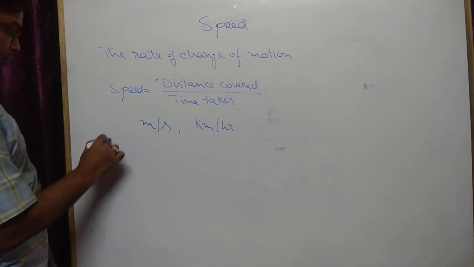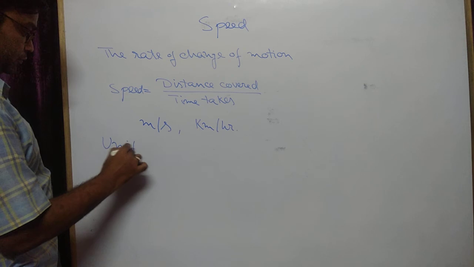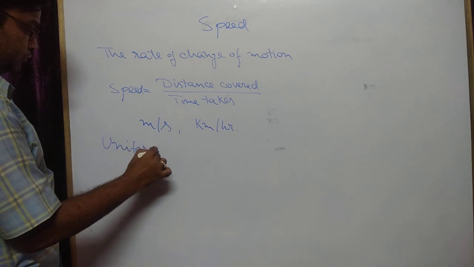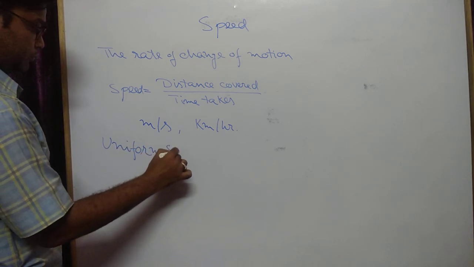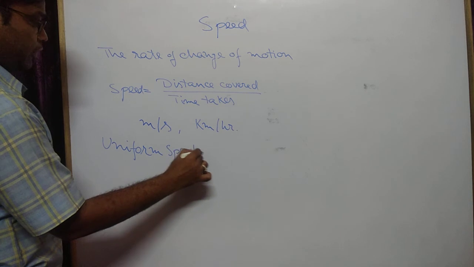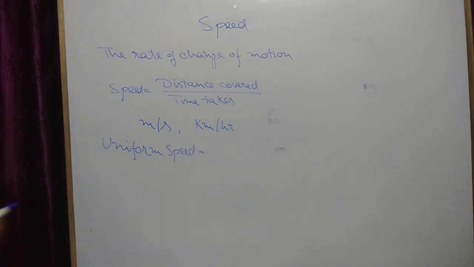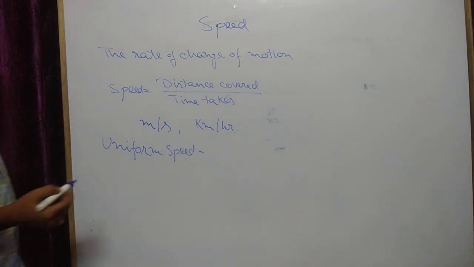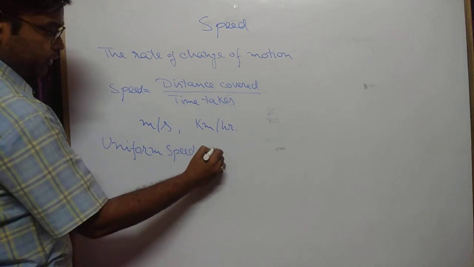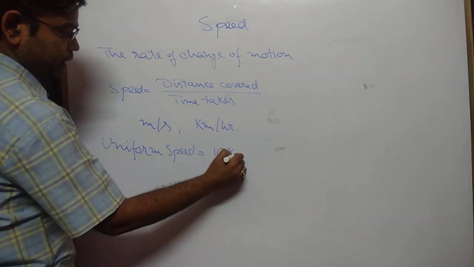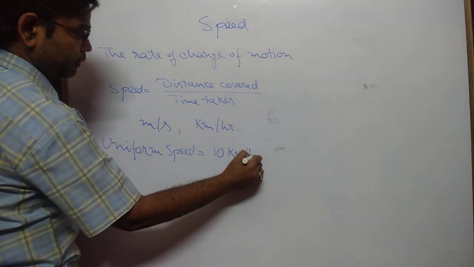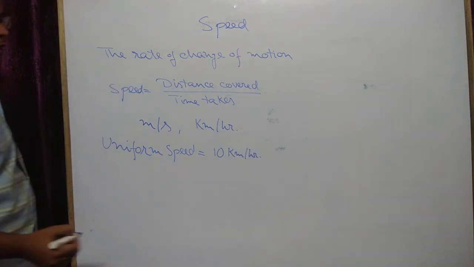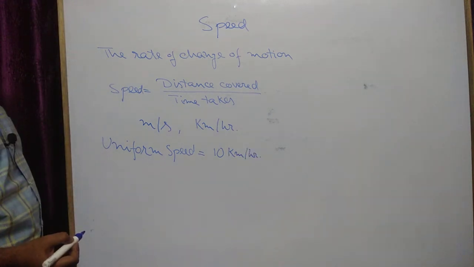What is uniform speed? If change of motion is the same, suppose a body is moving with a constant speed of 10 km per hour for every hour, then this is known as uniform speed.